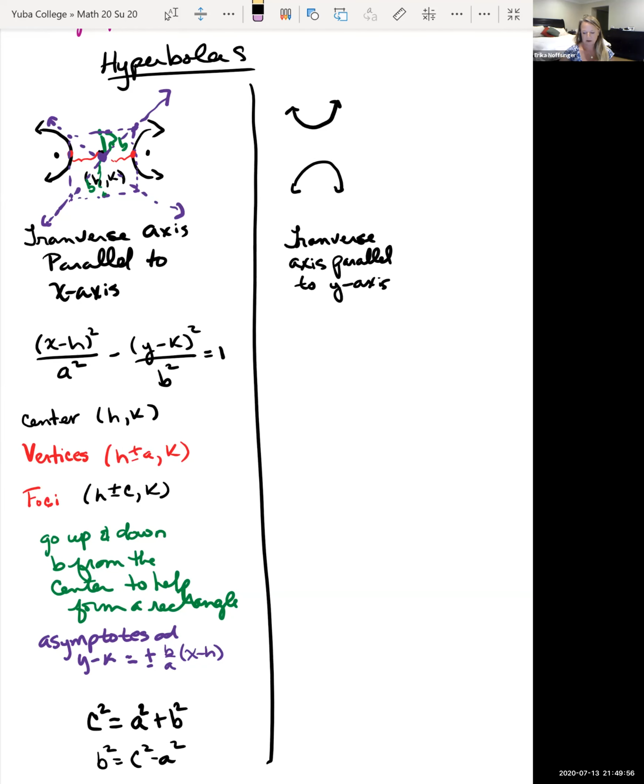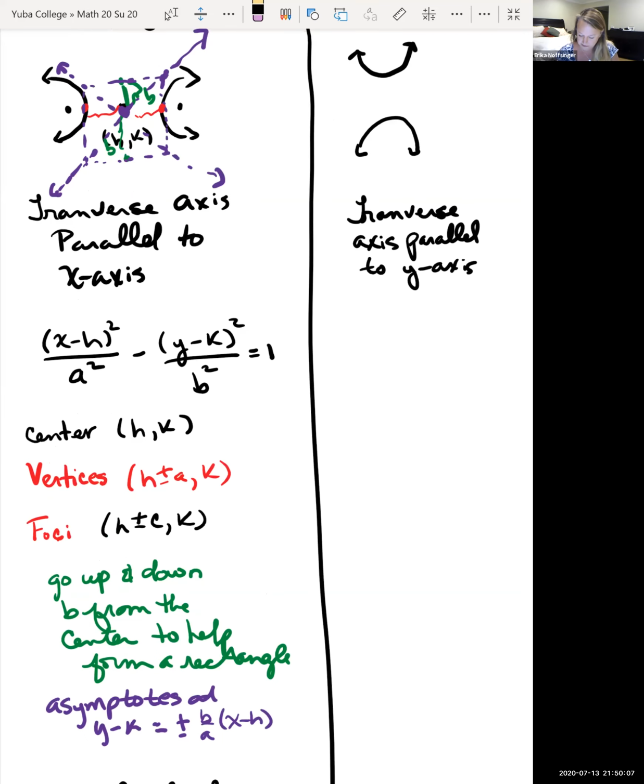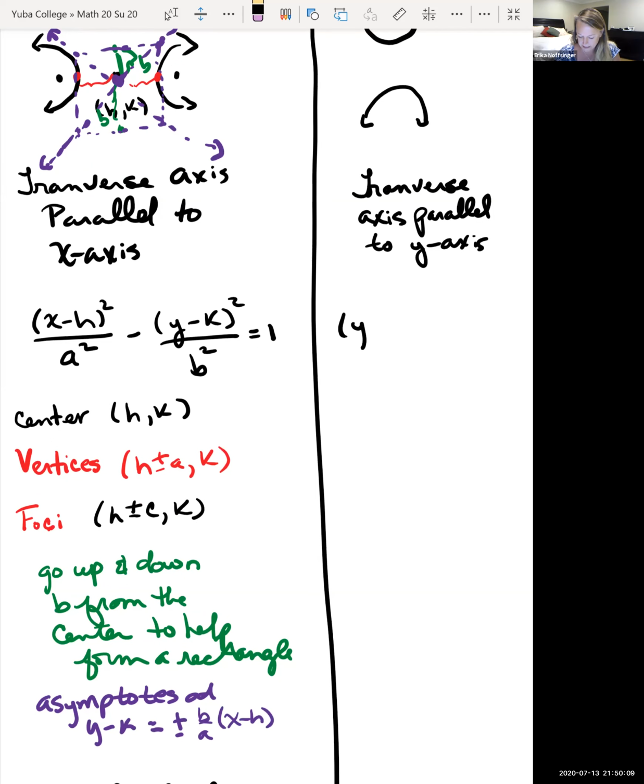Okay, so if the hyperbola is facing towards the y-axis, then our form is going to be as follows: y minus k quantity squared all over a squared minus x minus h quantity squared all over b squared is equal to 1.